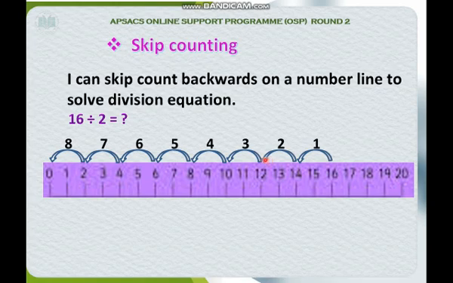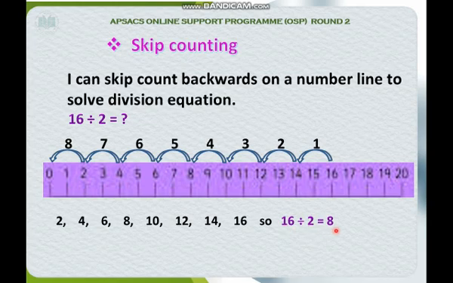So when I skip by 2 and count backwards, I get my result, that is 8. So it means that 16 divided by 2 is equal to 8. It means that 16 is completely divisible by 2.